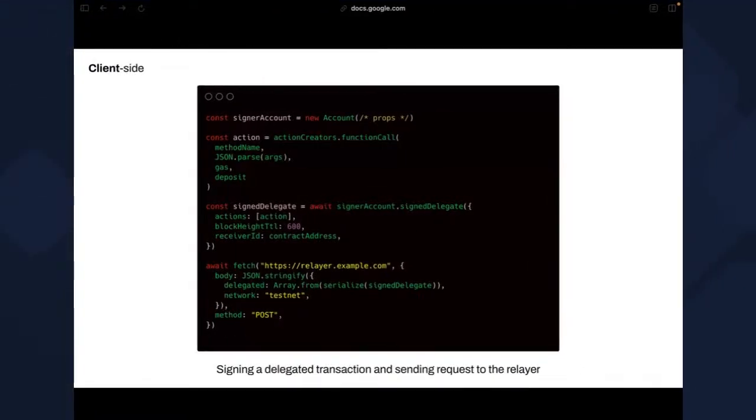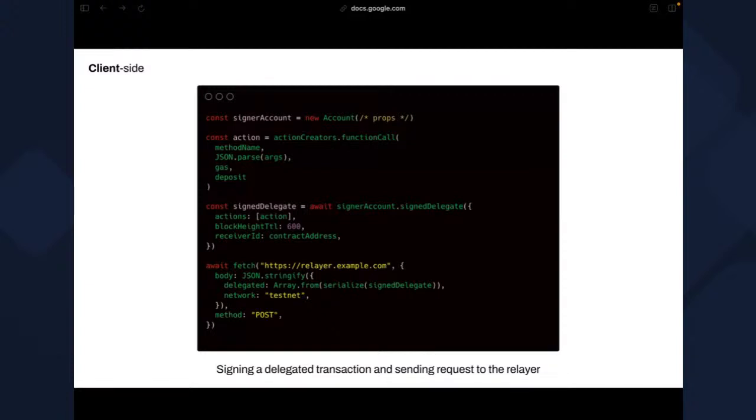You then can just create a function call transaction, or an action in this case, where you can do whatever here, and then you would need to create a signed delegate using near-api-js that takes actions, or an array of different actions you want the user to sign, then the block height TTL, and this is just the number of blocks plus the current block height for which the signed delegate transaction can be included in a meta transaction, and then the contract address. And that's pretty much it.